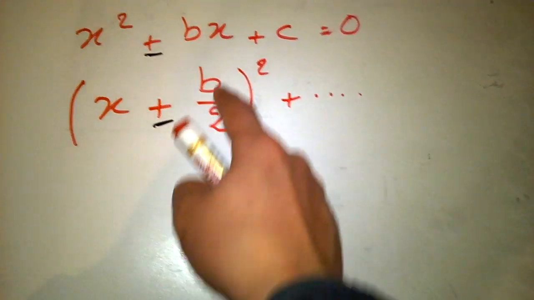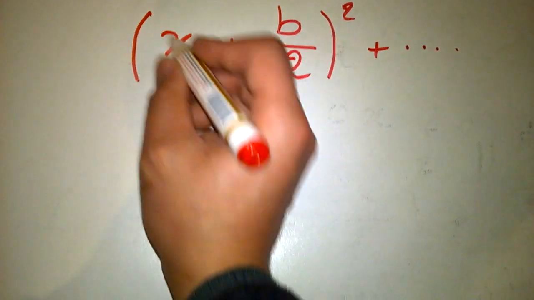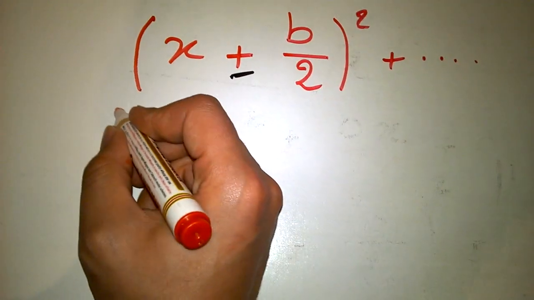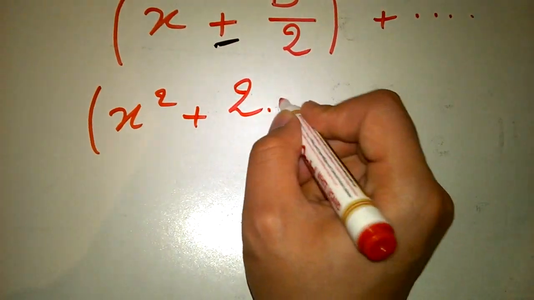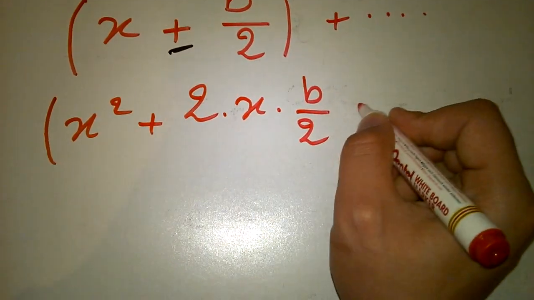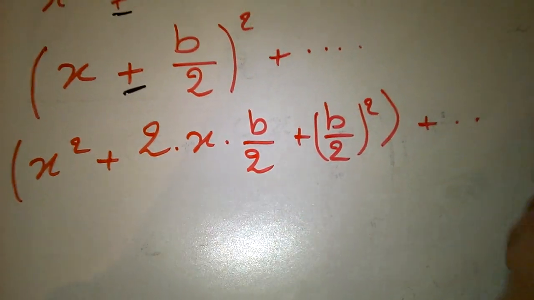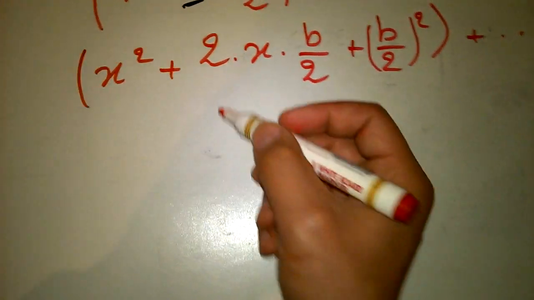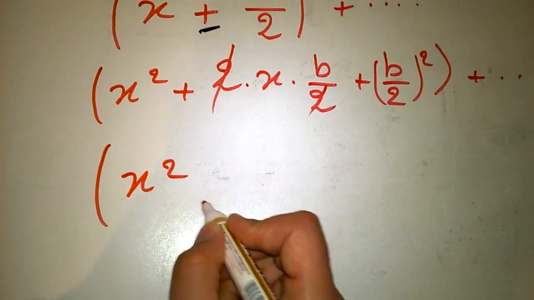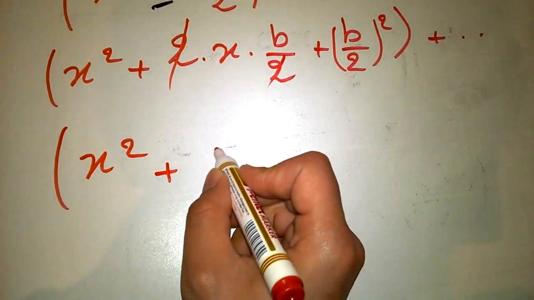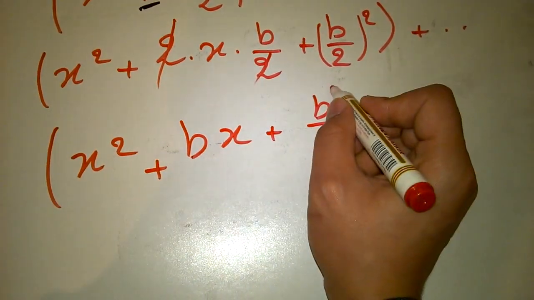Let's expand this one: x squared plus 2 times x times b over 2, plus b over 2 squared. The 2s can be cancelled, and in the end we have x squared plus bx plus b squared over 4.